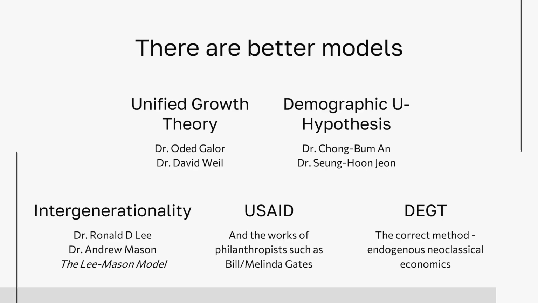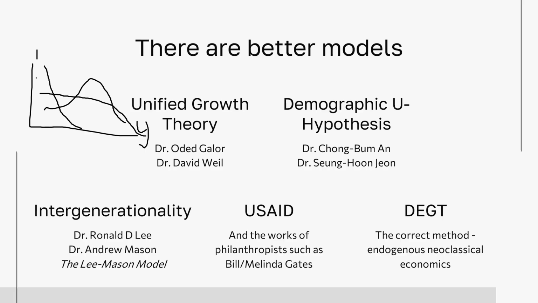And so if I can just illustrate it effectively, what the Lee-Mason model gets right is that productivity as a function of age looks something like that. And then they map the population pyramid, noting that you start off with a population pyramid that looks something like that. And then through a demographic transition, it moves to something like that.